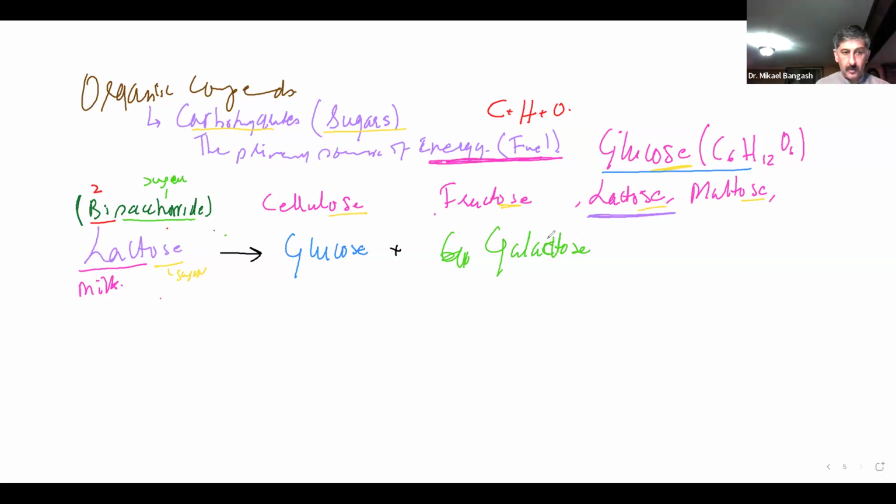And what are these two going to be? Both of these sugars are still sugars, still carbohydrates, but chemically they will be referred to as monosaccharides. So glucose is a monosaccharide. Galactose is a monosaccharide.